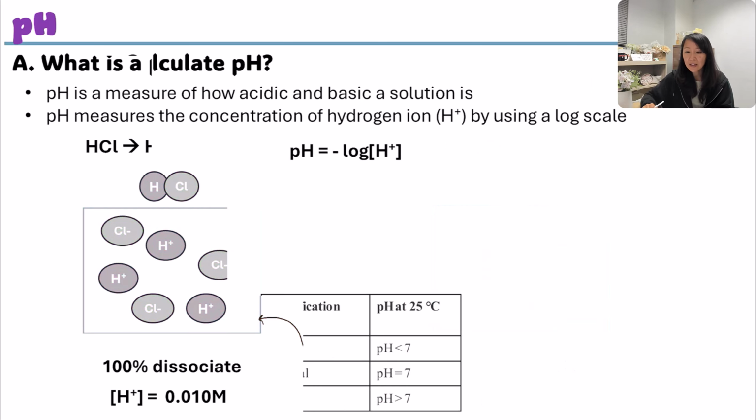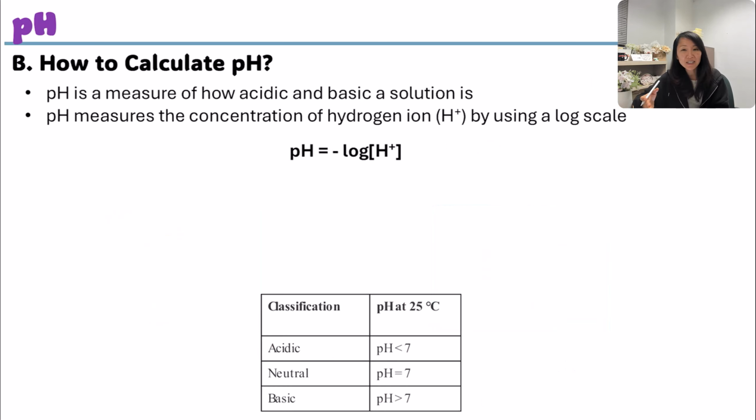There is, and the equation is that pH is equal to the negative log of the concentration of the H plus ion. In the previous slide, the one with the pH of 2 had an H plus concentration equal to 0.010 molarity.